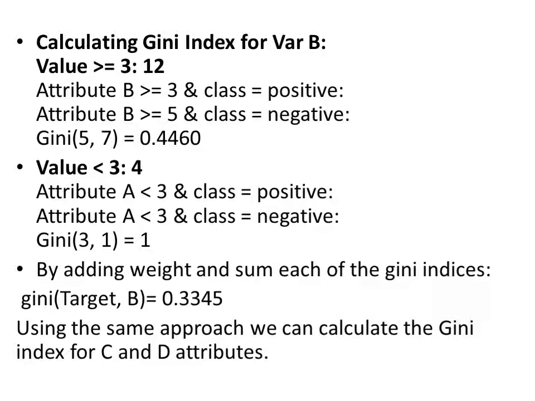So by adding the weighted sum of each Gini index, we will get the value for the variable B, which will be 0.3345. So using the same approach, we can calculate the Gini index for C and D attributes.